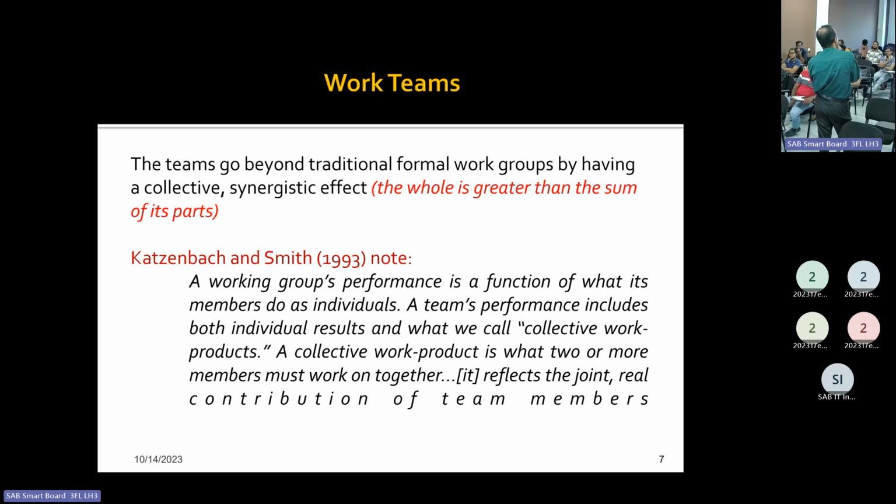There you have the team orientation, not a group orientation. There you have to do both individual work as well as team work simultaneously. That's why we should compare work groups and work teams. Both are interrelated.